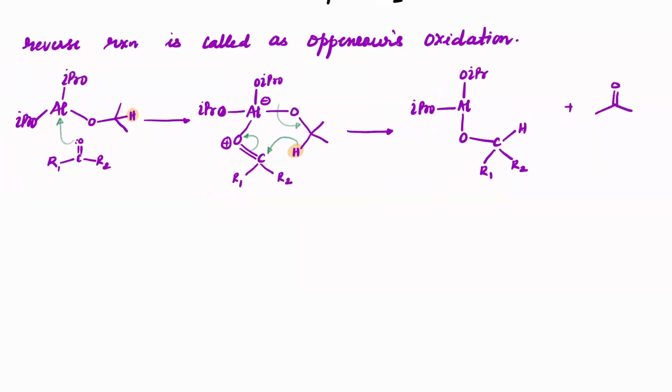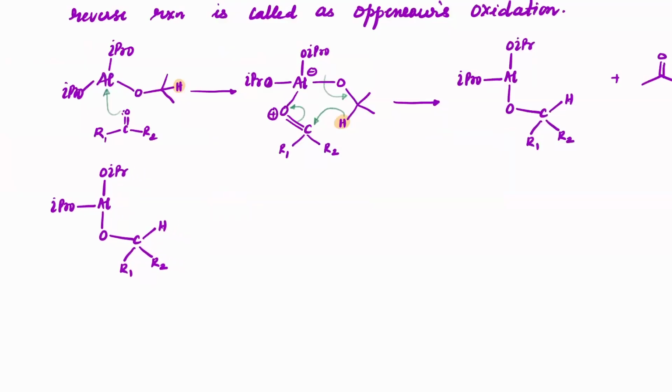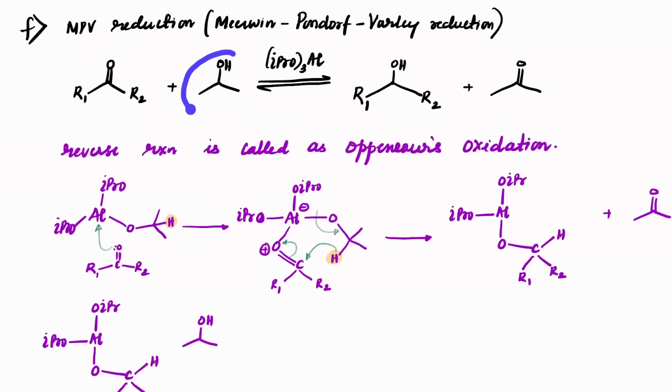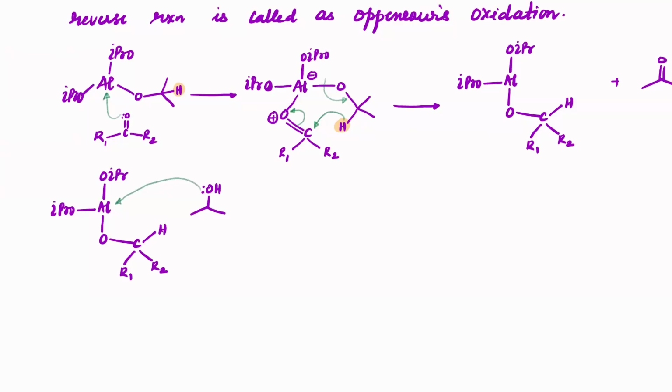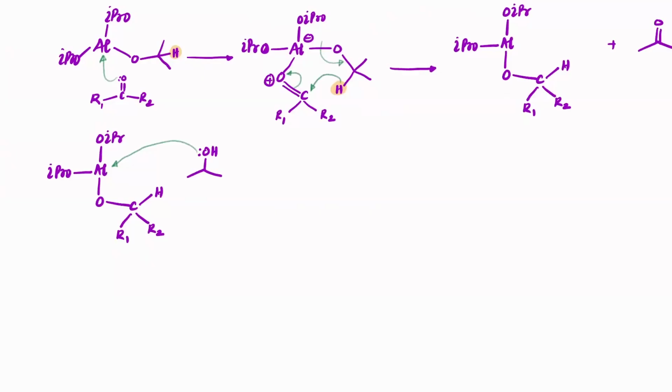Now, this compound, again, when you react with an alcohol which we have taken, check out, this is the alcohol which we have taken here. Correct? And now, the lone pair present on this oxygen will attack on the aluminium here, correct? As it does, we'll see the product will be something like this, where we have O and H here with a plus charge.